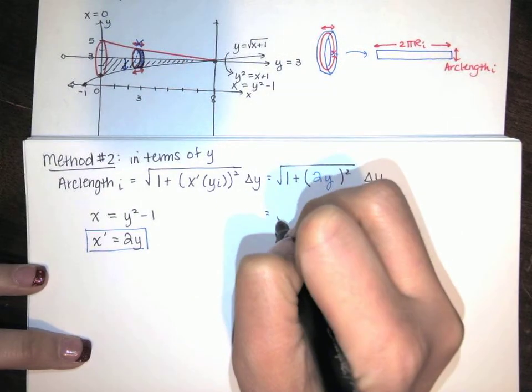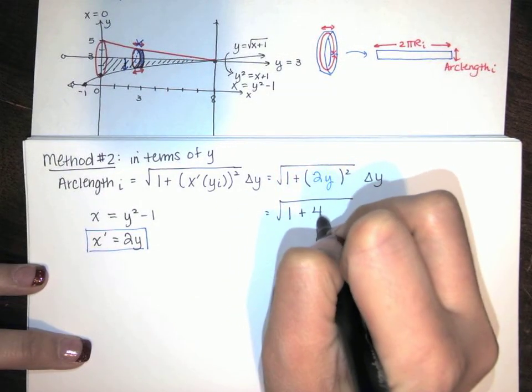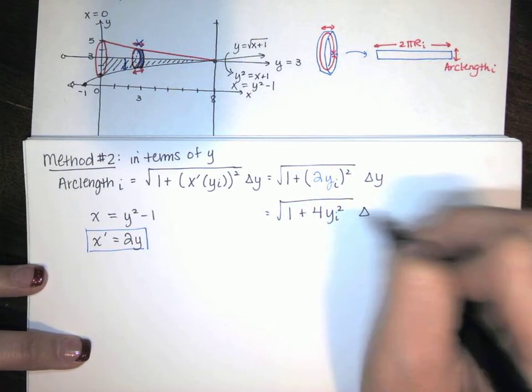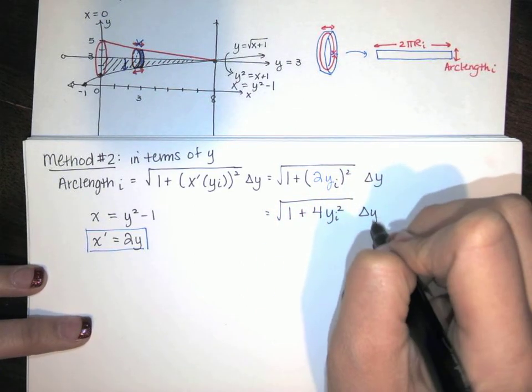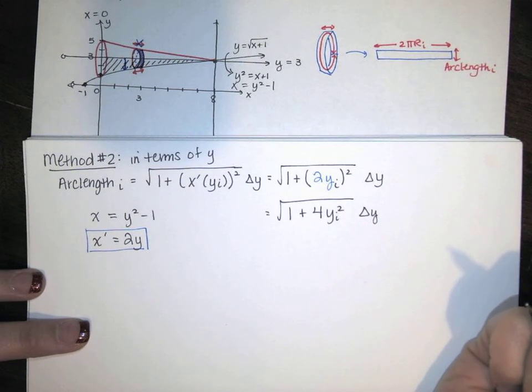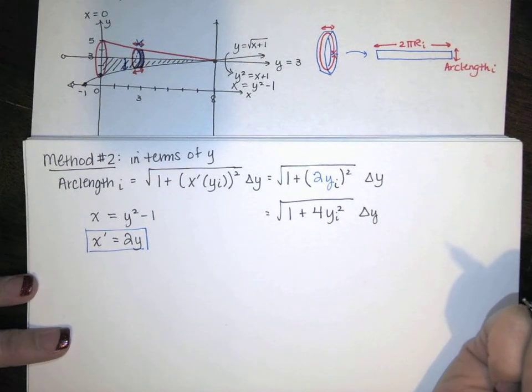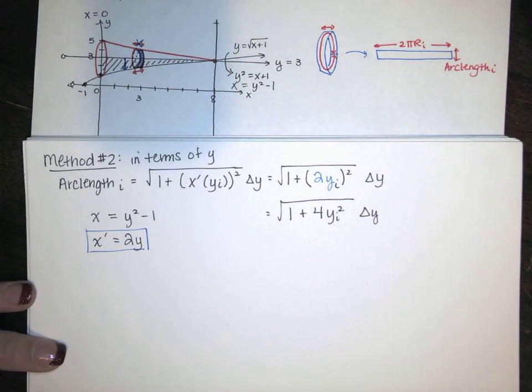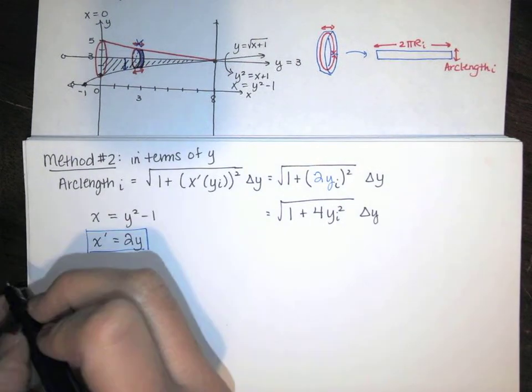And if I want to simplify, square the 2, square the y, we get 4y squared. I don't want to integrate that by itself. We can do it, but it requires a trigonometric substitution. It's a tangent substitution. We get that a squared plus u squared right there. I'd rather not have to do that, but we're going to multiply it by a radius, so maybe that'll help.